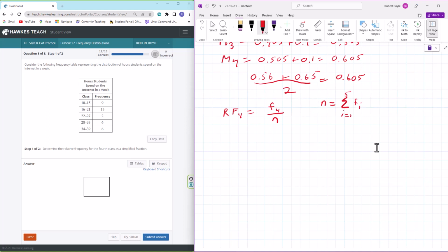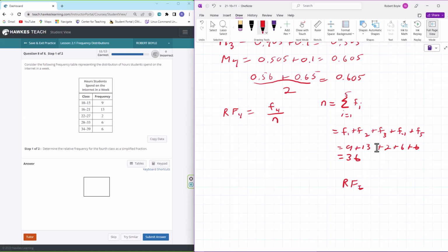This symbol here is called sigma, the summation symbol, and all that is telling me is that I want to sum up F1, F2, all the way to F5, which will be 9 plus 13 plus 2 plus 6 plus 6, which will be 36.